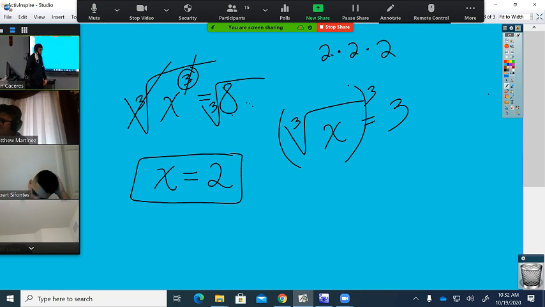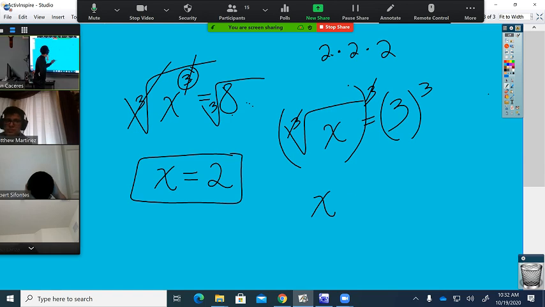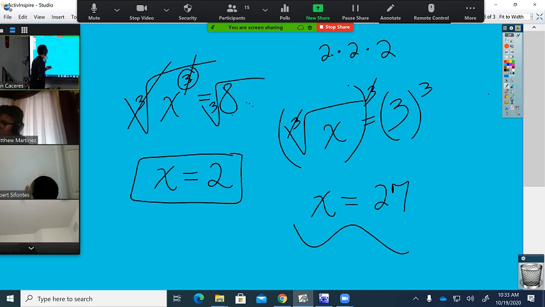Adding a 3 exponent, the opposite of the cubic root. If you do it to the left side, you do it to the right side, and we get x equals 3 to the 3rd power, which means 3 times 3 times 3, which is 27. Copy everything down.